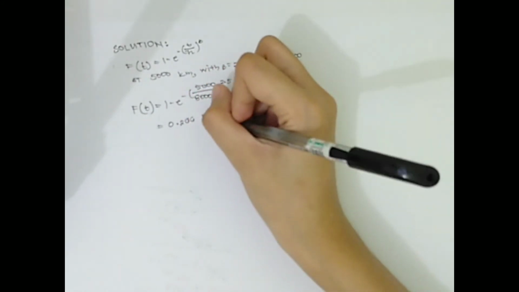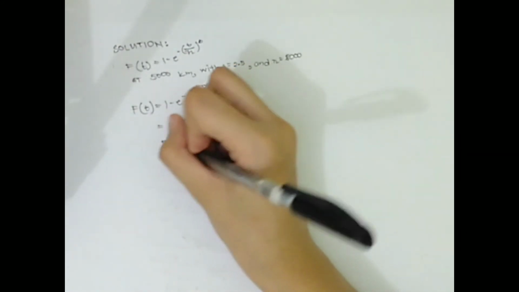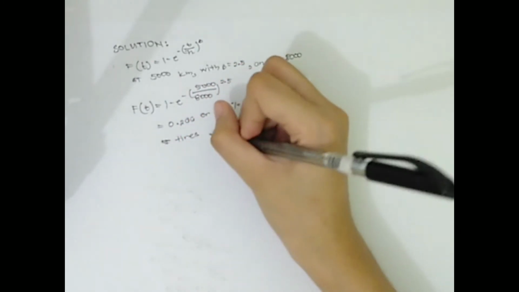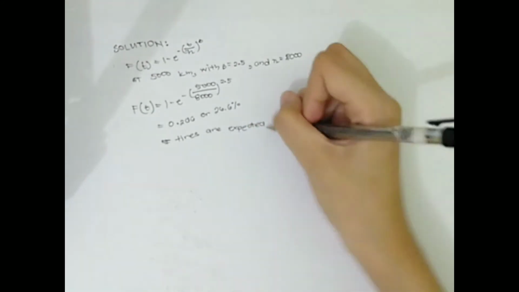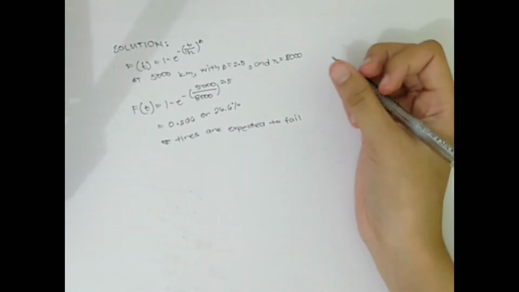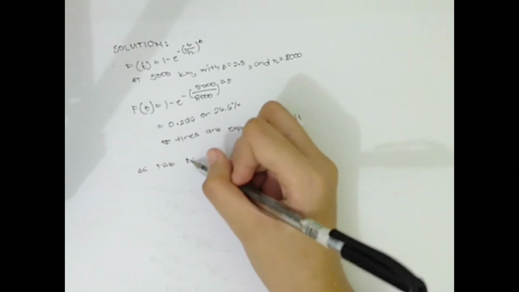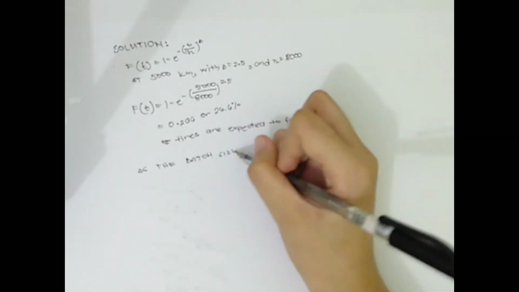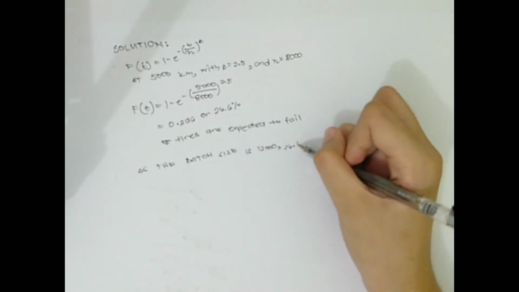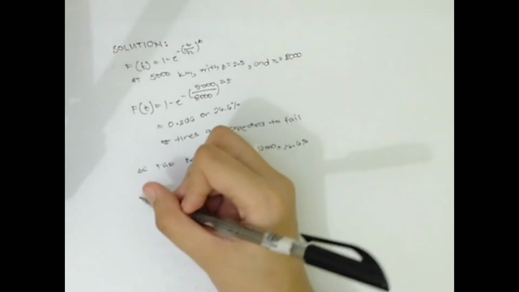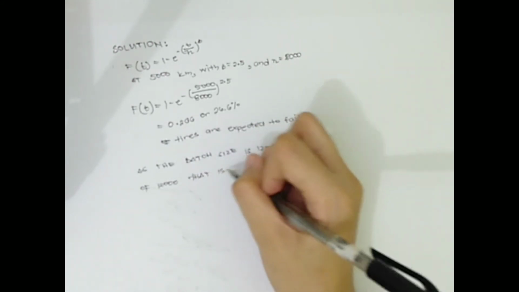Now, we're going to substitute the value of time, the value of eta, and also the beta. F(t) equals 1 minus e raised to negative (5,000 over 8,000) raised to 2.5, which will give us the answer of 0.266, or 26.6% of tires are expected to fail.